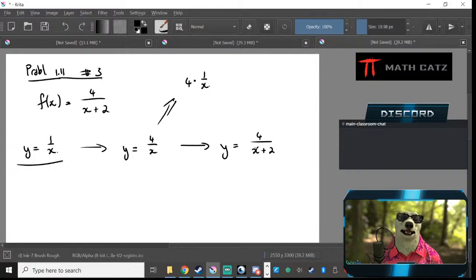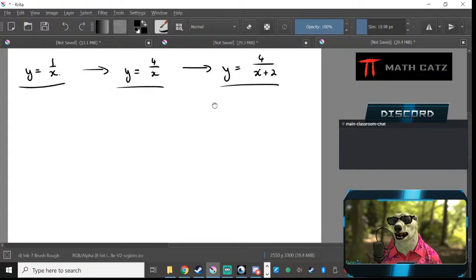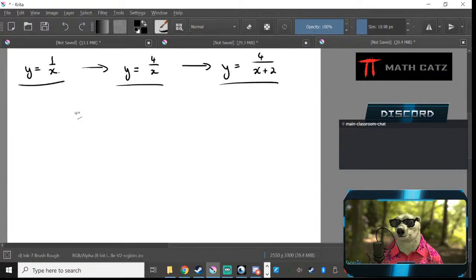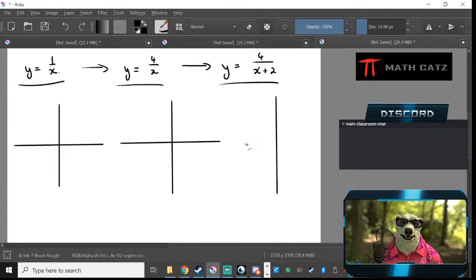Okay, so I want to map out my function transformations first. Now I have a plan, and now I will graph it. So I want to set up my 3 graphs here. They're going to be a little small, but that's okay. I think we can squeeze them in.